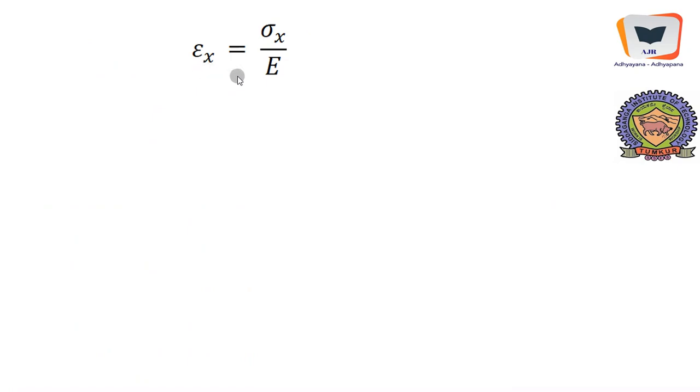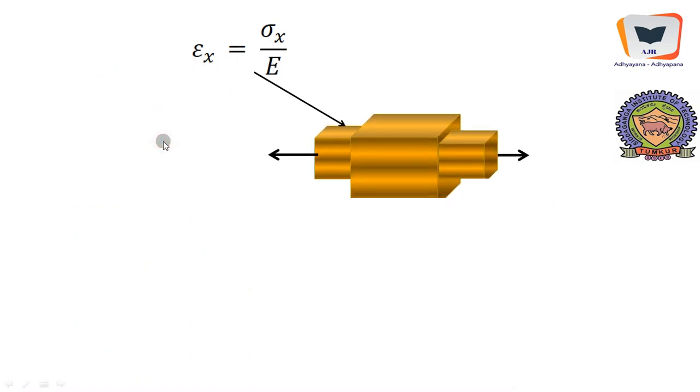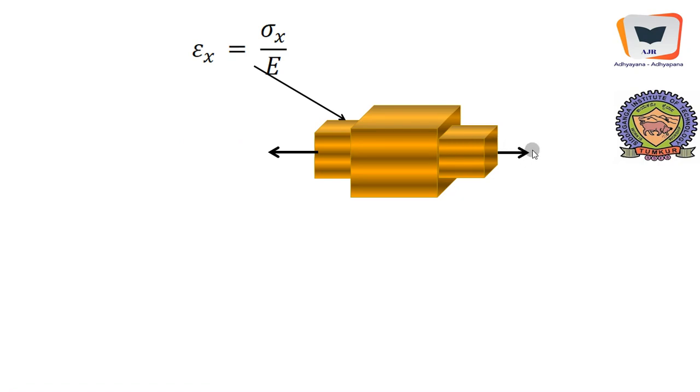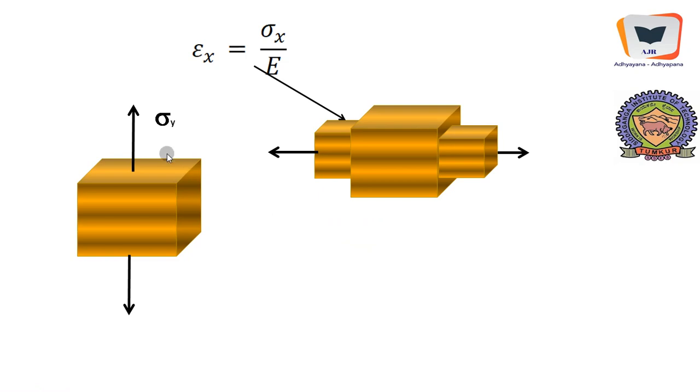Now we will try to calculate epsilon x for this body. So this is sigma x divided by E. This is called the primary strain, which happens along x direction exclusively on account of sigma x, which is also acting along x direction. Now we will look into the side effect. There is sigma y acting in this fashion, pulling the entire member.